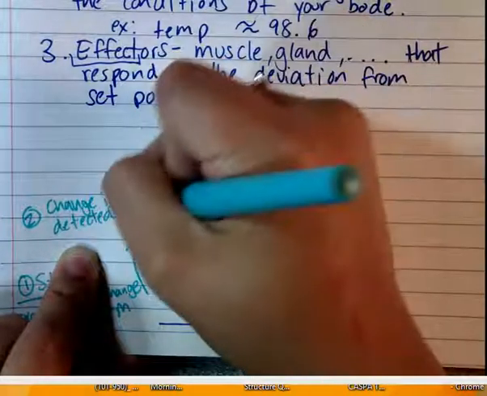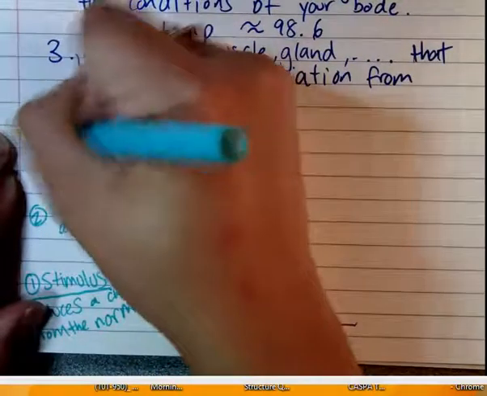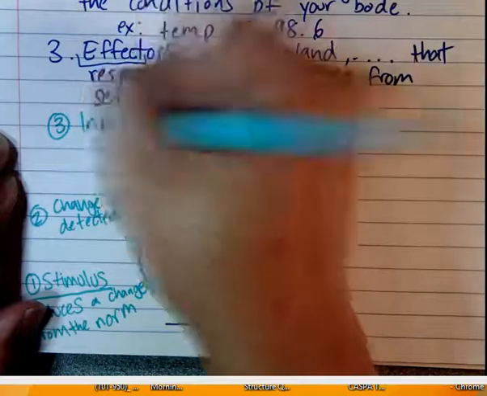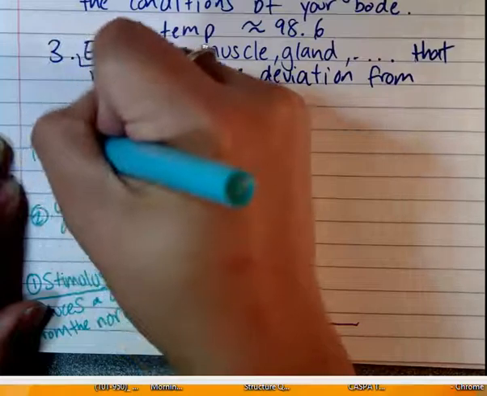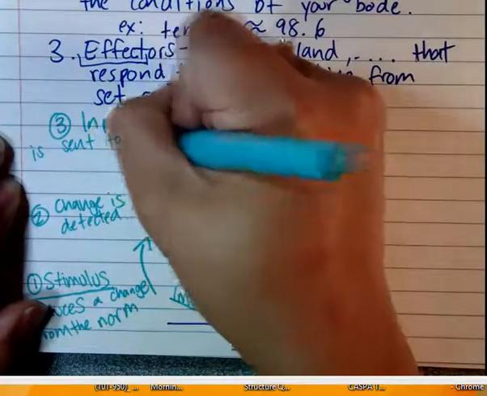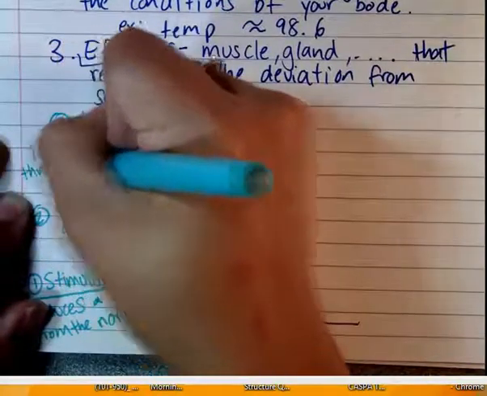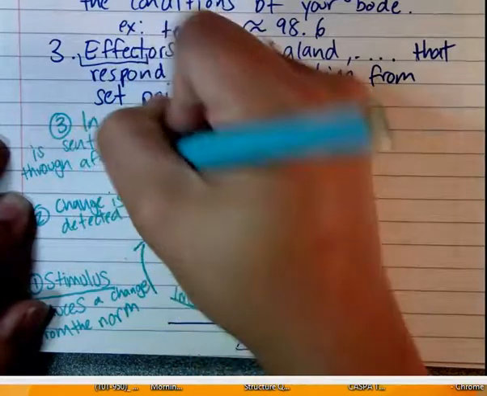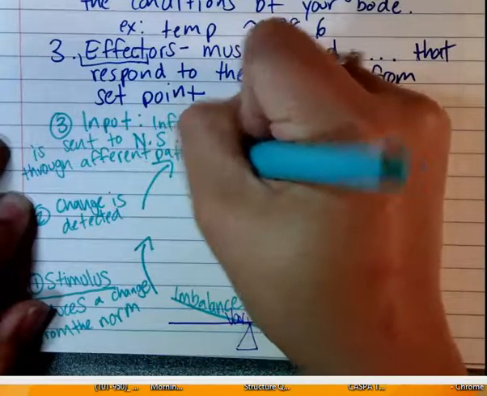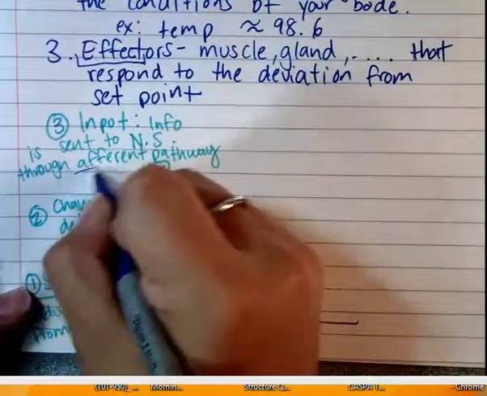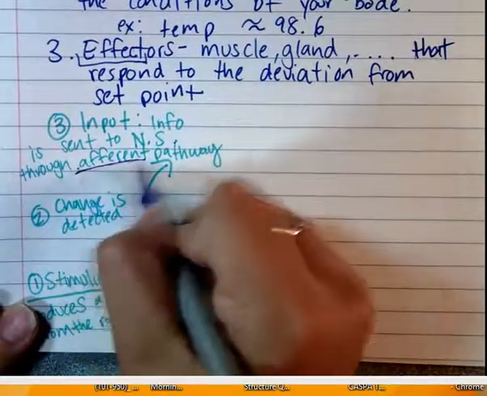That takes us to the next point, which is your input. That means that the info is sent to the nervous system through the afferent pathway. Now this is very important. Info is sent to the nervous system through the afferent pathway.